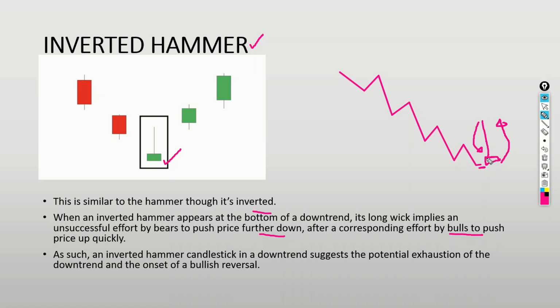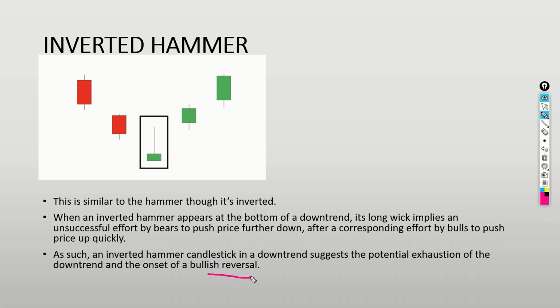It shows that the bears have failed to push the price further down, and then we expect a reversal from this downtrend into a new uptrend. As such, an inverted hammer candlestick in a downtrend suggests potential exhaustion of the downtrend and an onset of a bullish reversal.